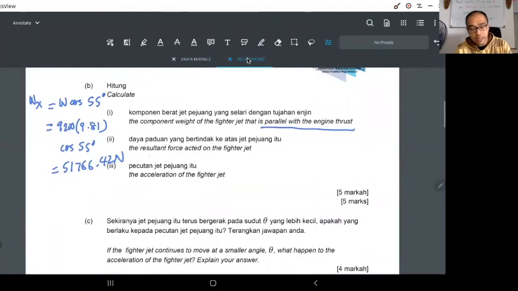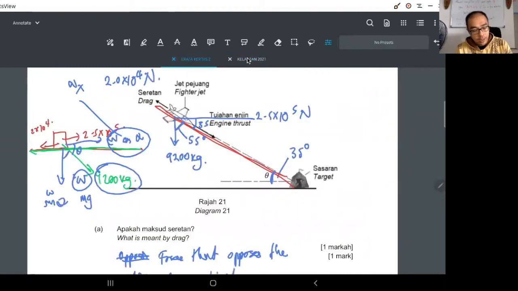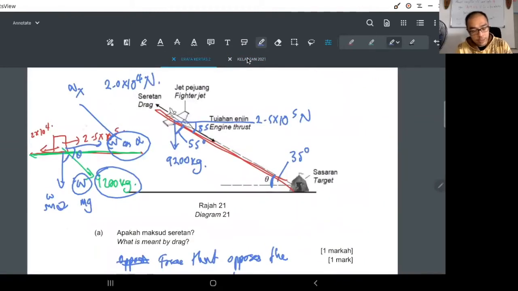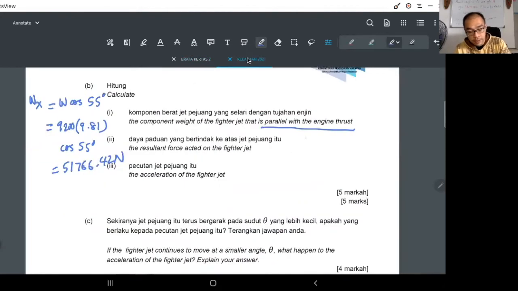The resultant force will be this one plus this one minus this one. 2.5 times 10 to the power of 5 plus 51766.42, somebody has to verify this, is it 56 or 66? 66.42. Minus 2 times 10 to the power of 4.